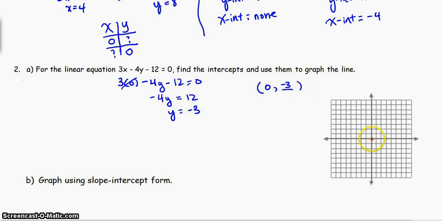And I can plot that point, 0, -3. So that's the y-intercept because I plugged in 0 for x. So let's go ahead and find the x-intercept by plugging in 0 for y. And so that's gone, so I really have 3x equals 12, x equals 4. So basically x is 4 when y is 0.